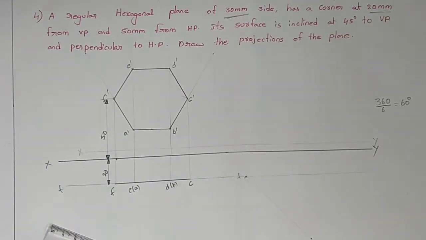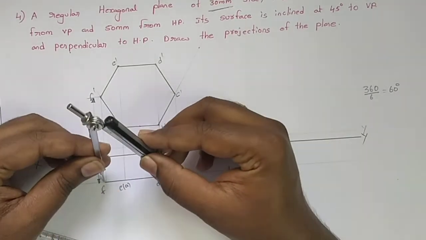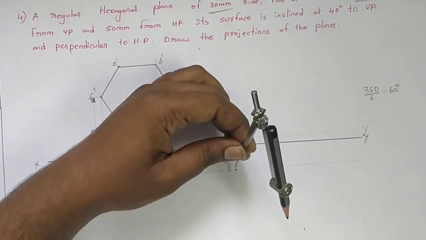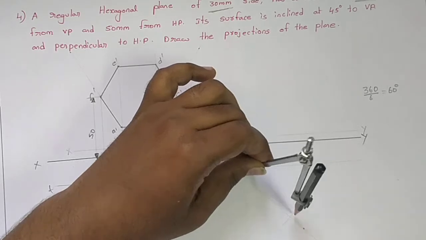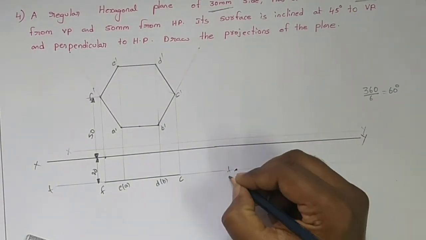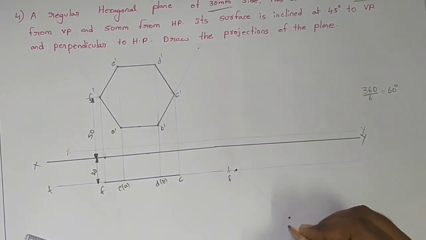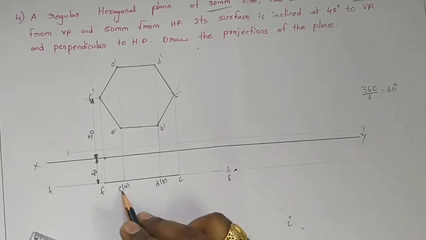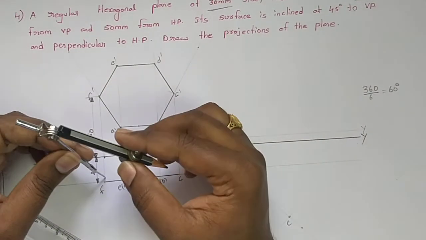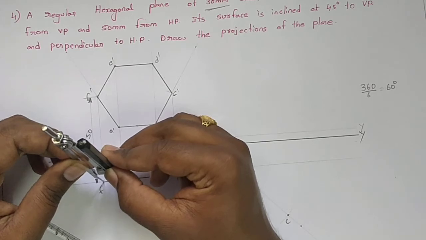On this 45 degrees line, we need to cut this line. Okay, this is the point. This one is F and this one is C. Okay, we need to identify these two points, so we need to measure from F to E and A point.